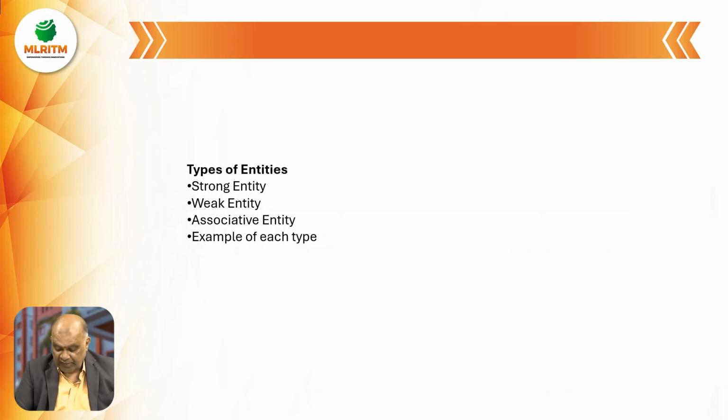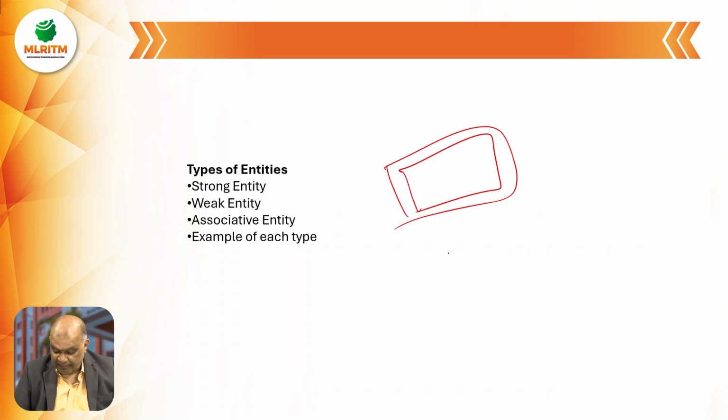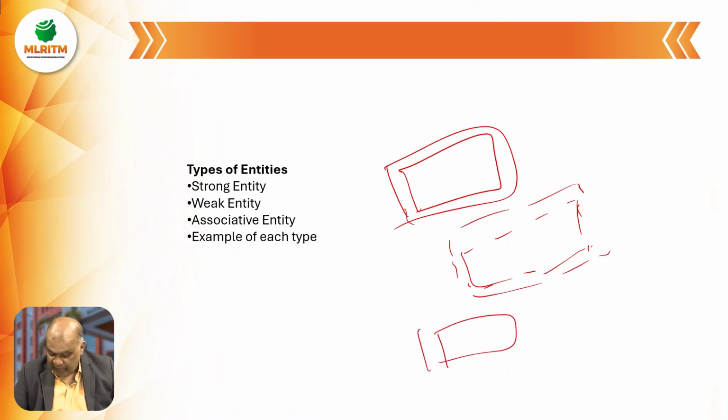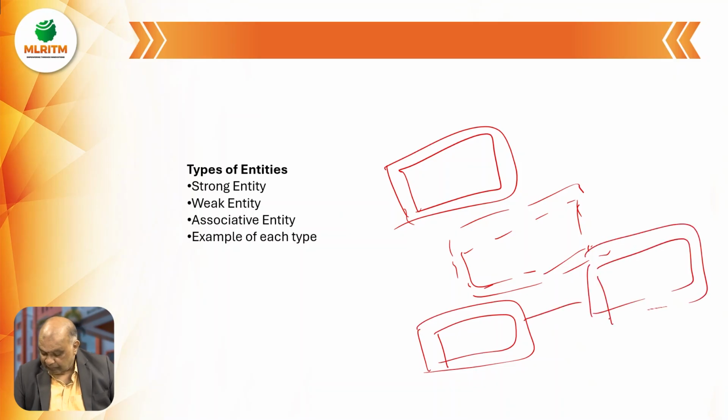A strong entity is represented with a rectangle like this. The weak entity is represented with dotted lines, and the associate entity is represented with the association between the two entities, so the relation we have between the two entities.